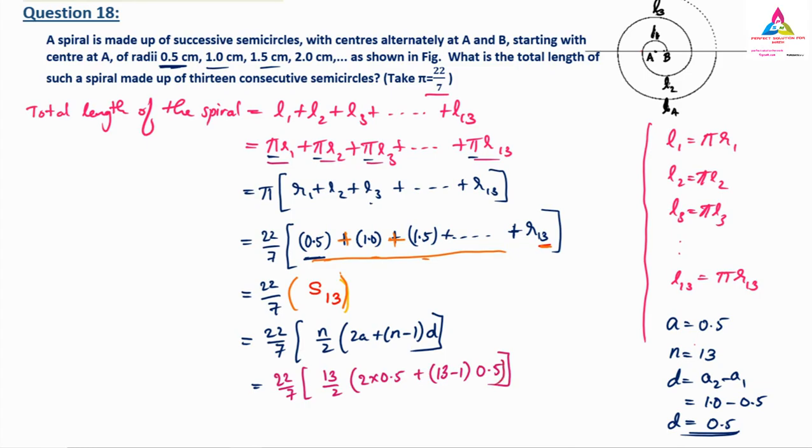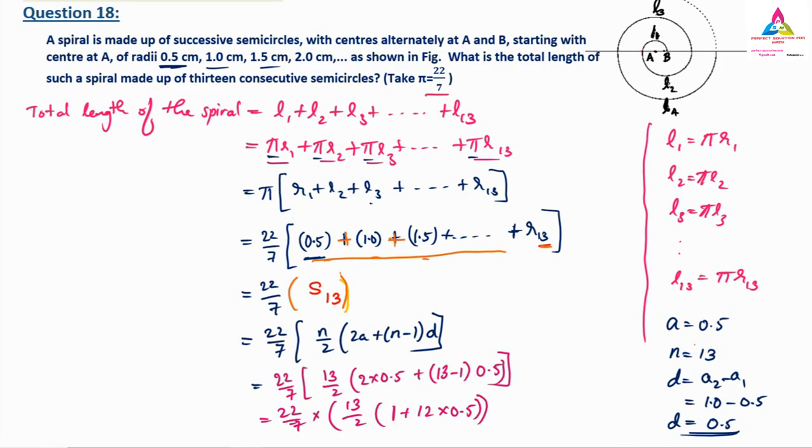That is 22 by 7 into, in brackets, 13 by 2. Now importantly, 2 into 0.5. If you multiply 0.5 with 2, you get 1. You can calculate it: half, two times, means 1. 13 minus 1 is 12 into half.